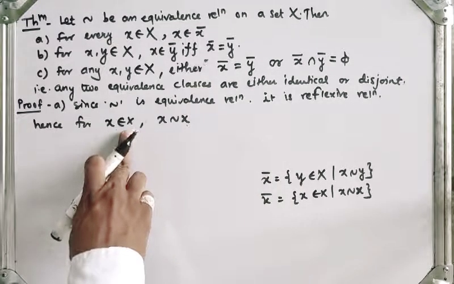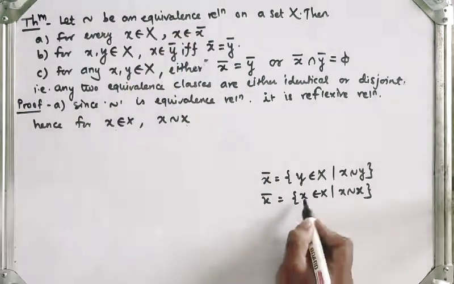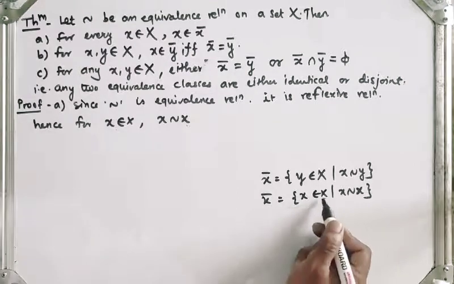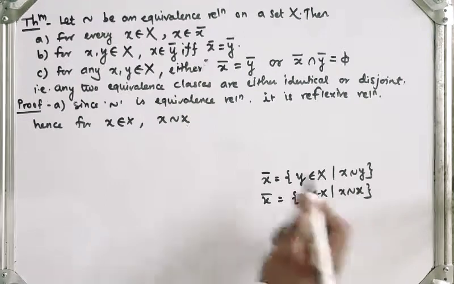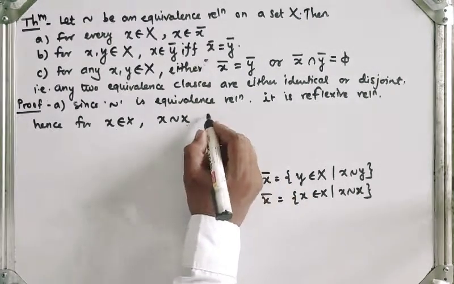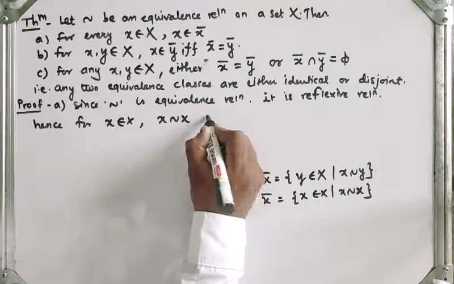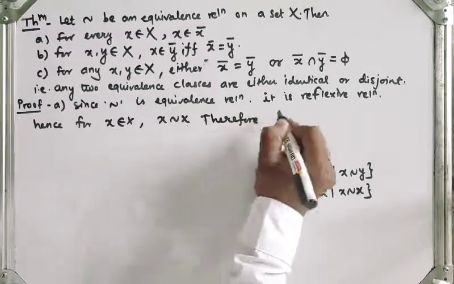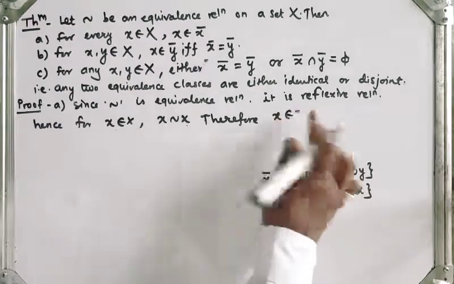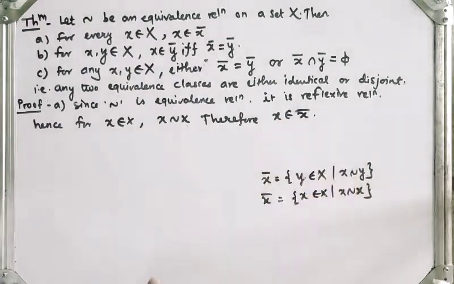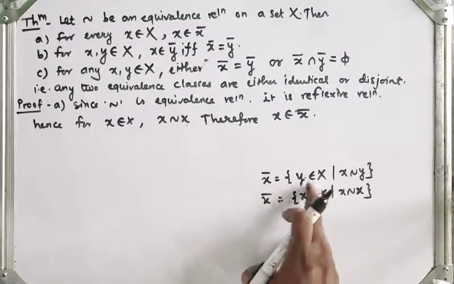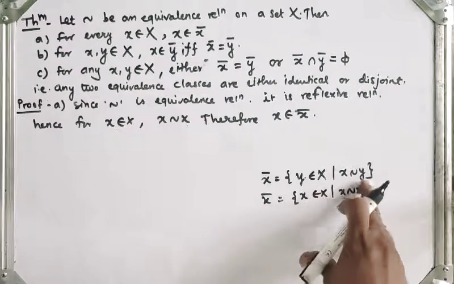So what will we get here? x belongs to x bar, right? Therefore, x belongs to the equivalence class of x. So the first part is proved, because the definition of the equivalence class x bar is the set of all those y belongs to X such that x is equivalent to y.